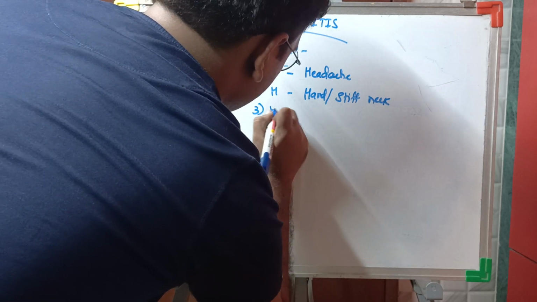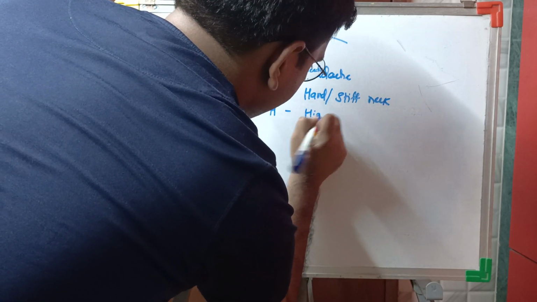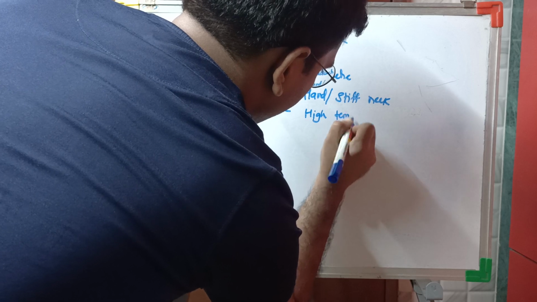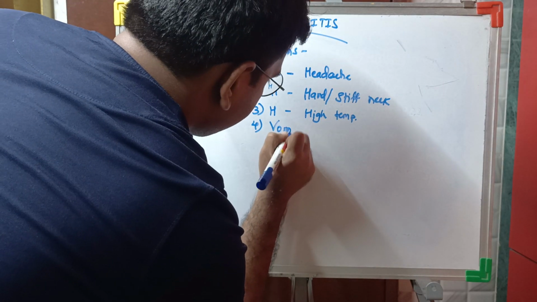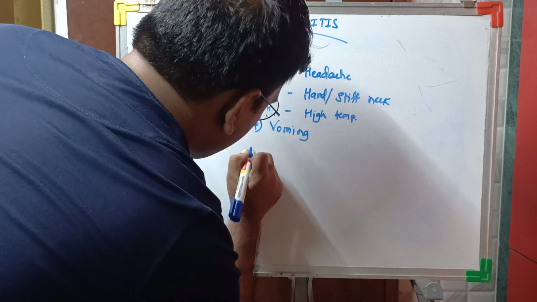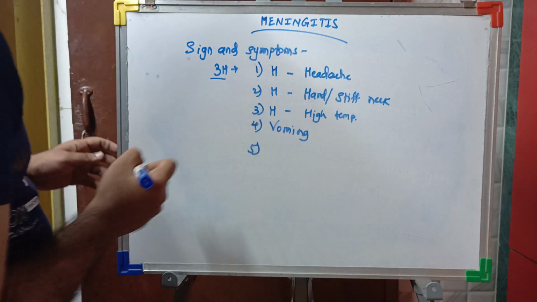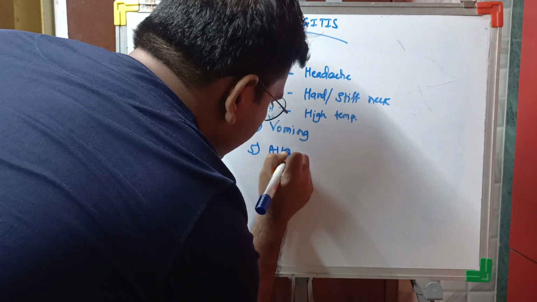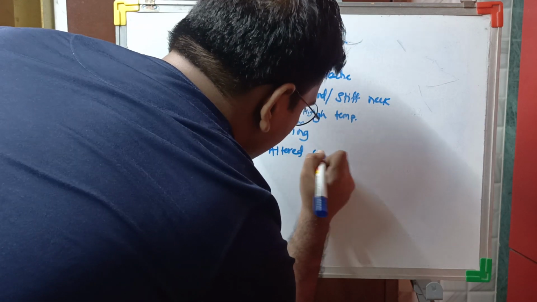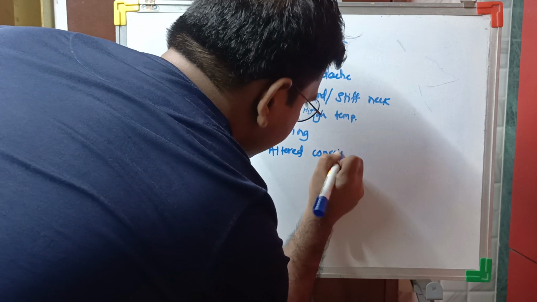The third is high temperature, that is fever. The fourth is vomiting. Because of the increased intracranial pressure, there is altered consciousness or confusion.